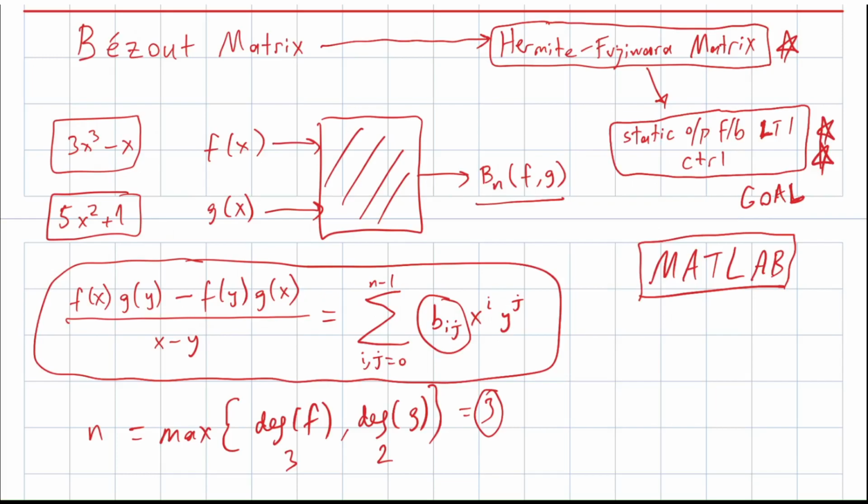Even with this formula, you can imagine how annoying it might get. These are simple polynomials, but you can of course imagine larger polynomials.